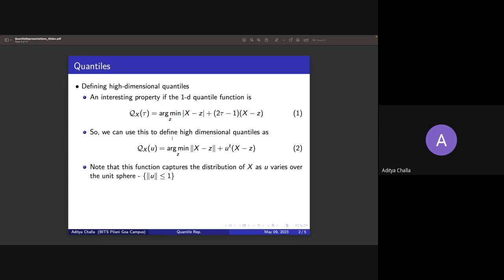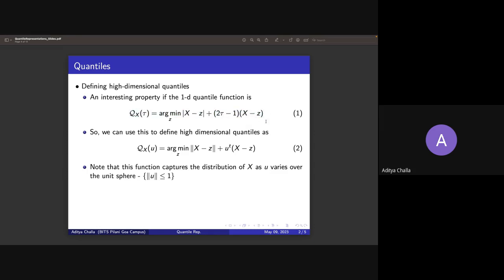For instance, the easiest way to check this would be if tau equals 0.5, then this is the mean absolute error. For different taus, we penalize different errors. If tau is greater than 0.5, the positive errors are penalized higher. If tau is less than 0.5, the negative errors are penalized higher, right?